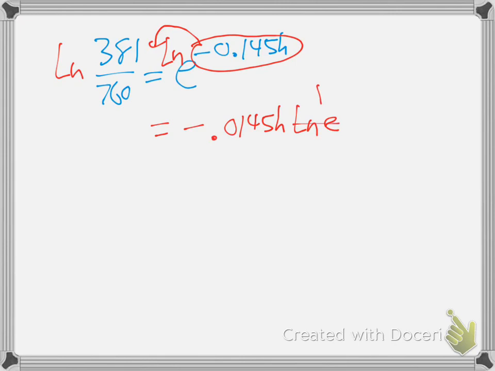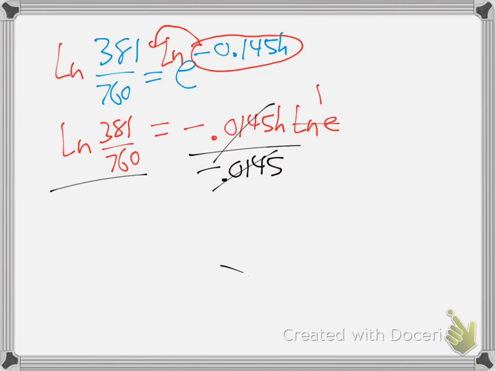This is just 1. See how the ln always cancels out on one side because of the e, but it remains on the other side? And that power came down. So now it's just about dividing, isn't it? Just divide by that negative 0.0145, and h is alone.